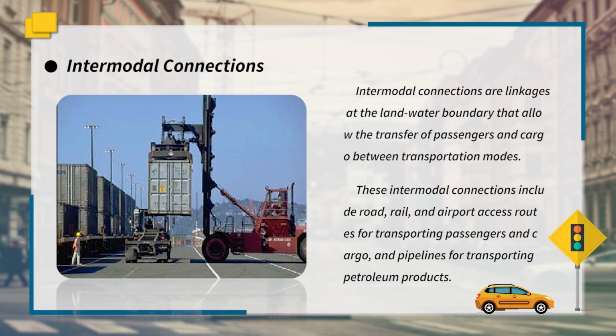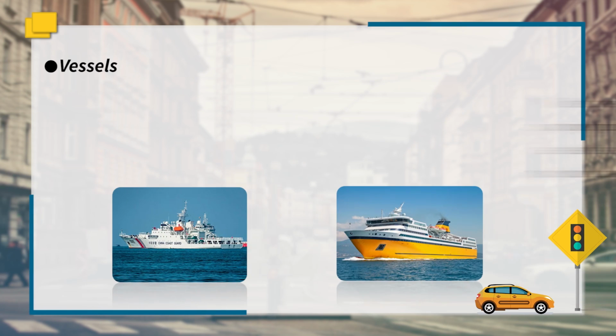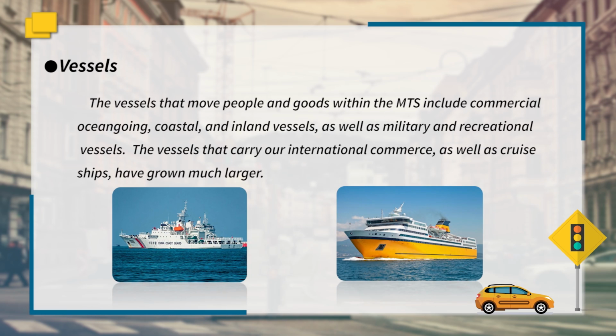Intermodal connections are linkages at the land-water boundary that allow the transfer of passengers and cargo between transportation modes. Part 4. Vessels. The vessels that move people and goods within the MTS include commercial, ocean-going, coastal, and inland vessels, as well as military and recreational vessels. The vessels that carry our international commerce, as well as cruise ships, have grown much larger.